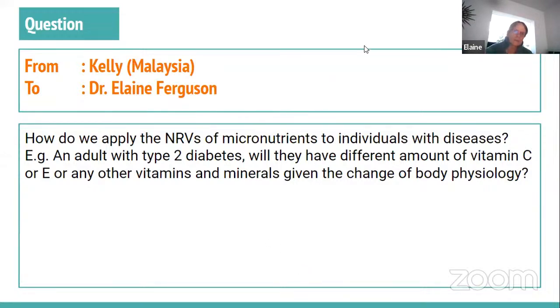But the key point with the NRVs is that they will be underestimating the requirements of individuals with diseases because they're assuming healthy individuals. So they shouldn't be applied. But what I don't know is whether there are values that could be applied other than the nutrient reference values that I've been speaking about. Thank you for that question.